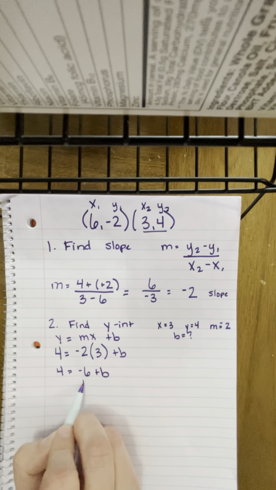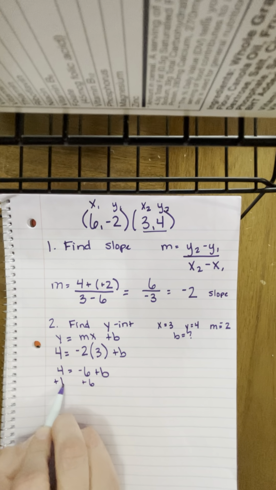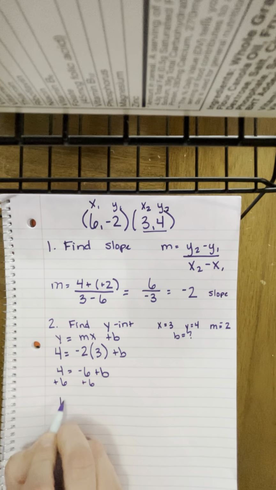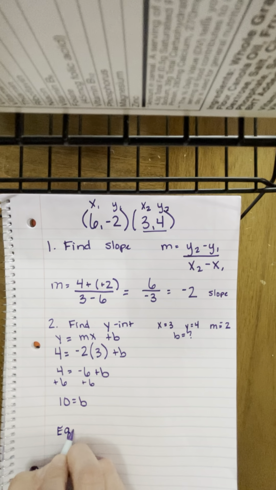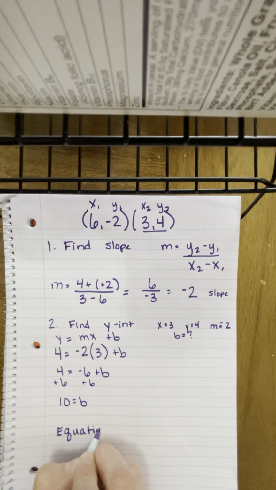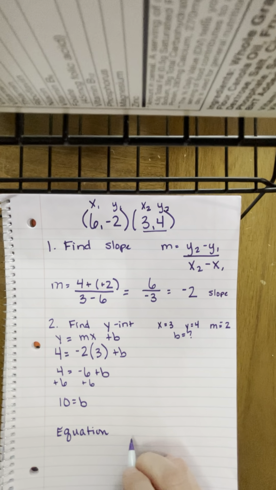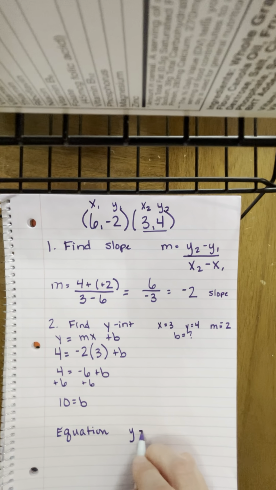Get rid of the -6 and do +6. This is 10 equals b. So for the equation, I put x and y back in. Y equals -2x plus 10. That's your final answer.